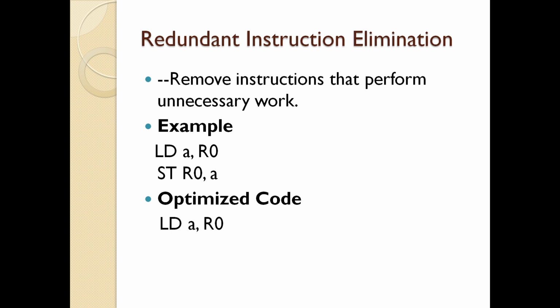The word redundant means unnecessary. Sometimes the compiler generates instructions that perform work but do not actually change anything. Such instructions only consume execution time. Peephole optimization identifies these instructions and removes them.